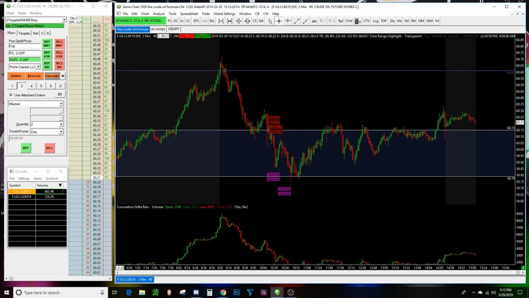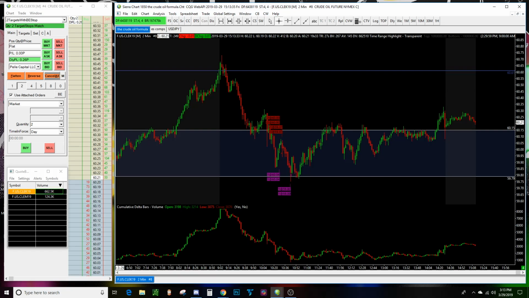I took a quick scalp on this down move, as we got pretty balanced in between this area. Another reason was buyers were pretty weak right here.